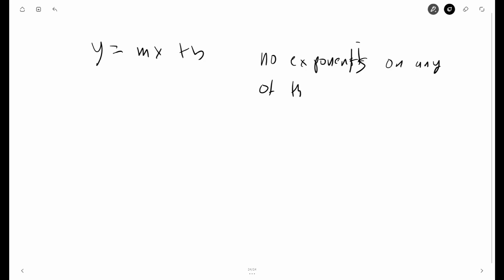As you can see in the equation y equals mx plus b, I don't have any exponents, so there are no exponents on any of the variables, in this case x and y.